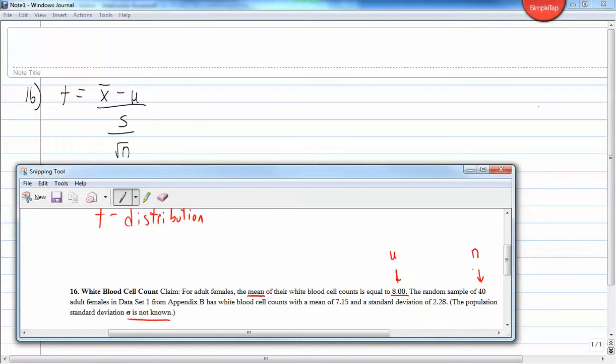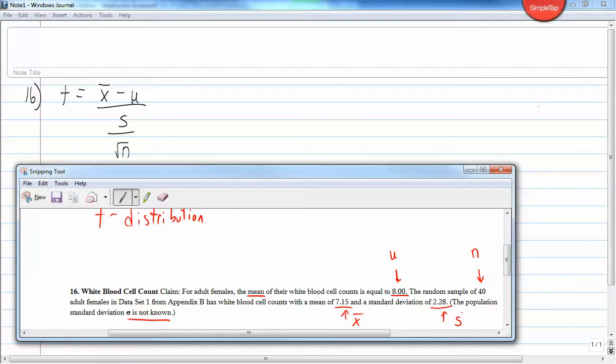N. Now then it starts talking about data set 1. So this is from a study, the data set 1 is. Mean of 7.15. What is that? X bar. And a standard deviation of 2.28. So what is that? S.